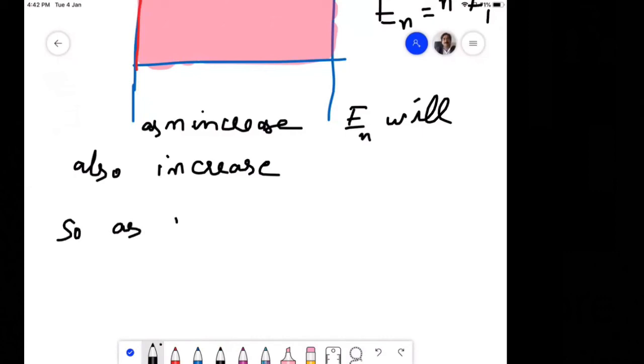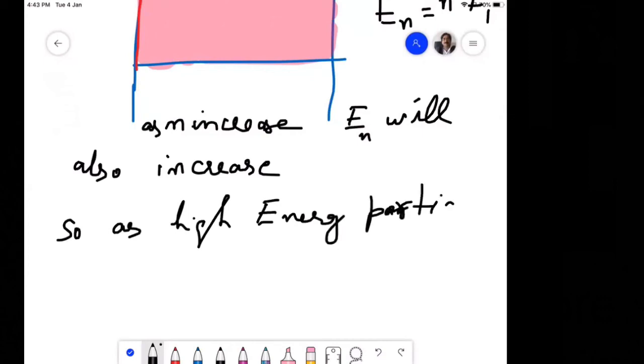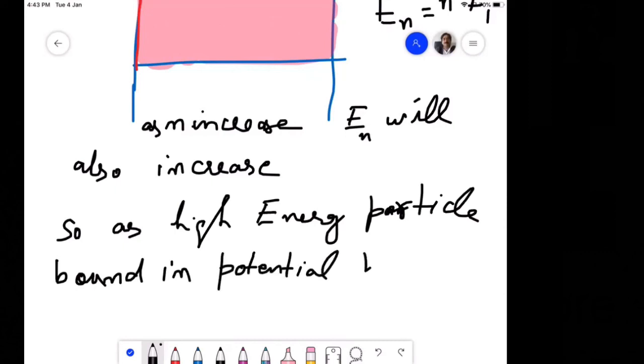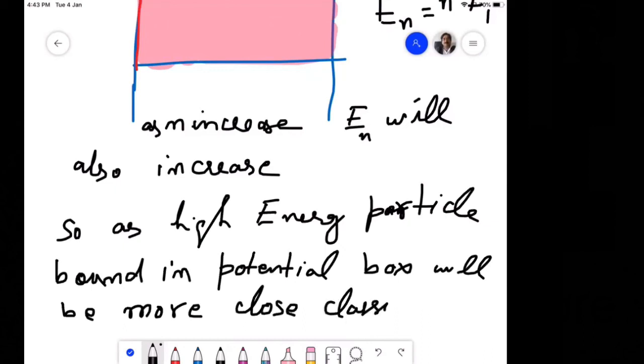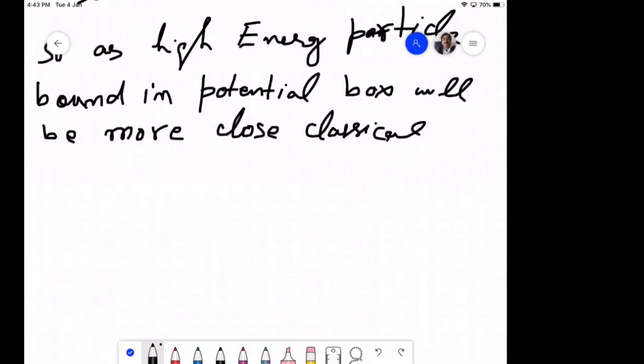So a high energy particle bound in a potential box will be more close to a classical particle.